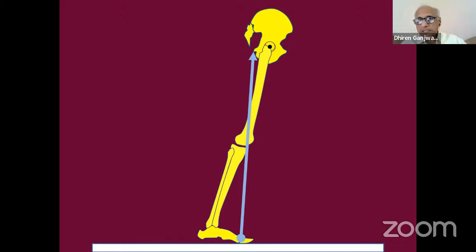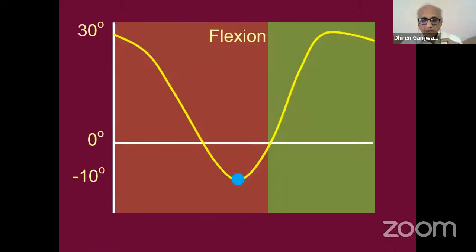The black dot is the center of the hip joint, and now the ground reaction force is behind the center of the hip joint. The hip extension is taking place. So initially it was by gluteus maximus and the hamstrings. Now it's the ground reaction force. The hip is extended fully, and from there it's now flexing like this.